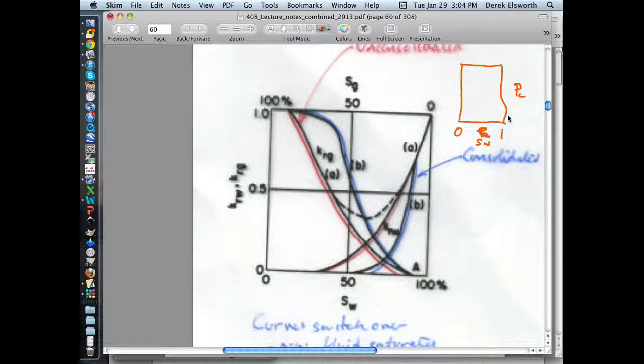So if you have a curve that looks like this, versus a curve that, I can't use different colors, that looks like this, you could say a couple of different things about those porous media, right? What could you tell me about the difference between porous medium A versus porous medium B from that capillary pressure versus saturation curve?